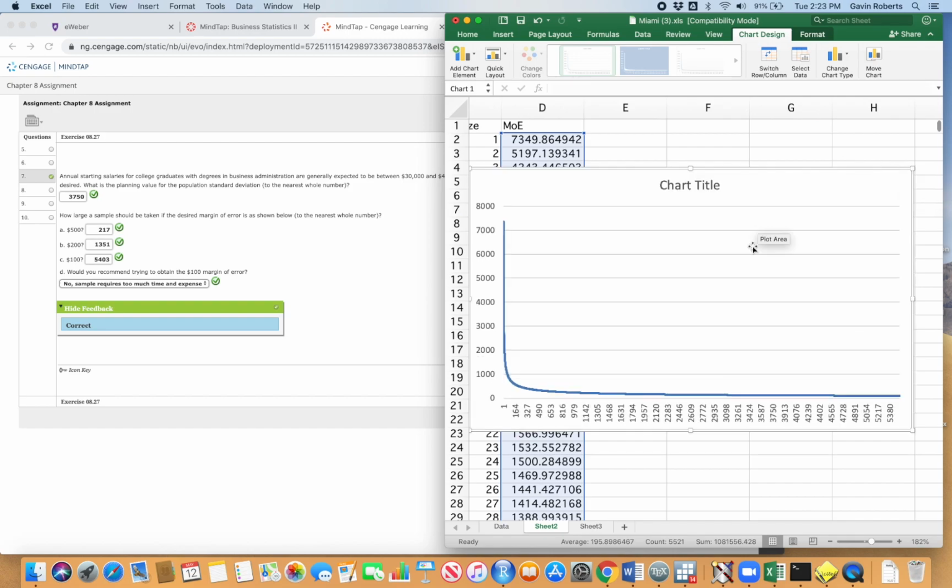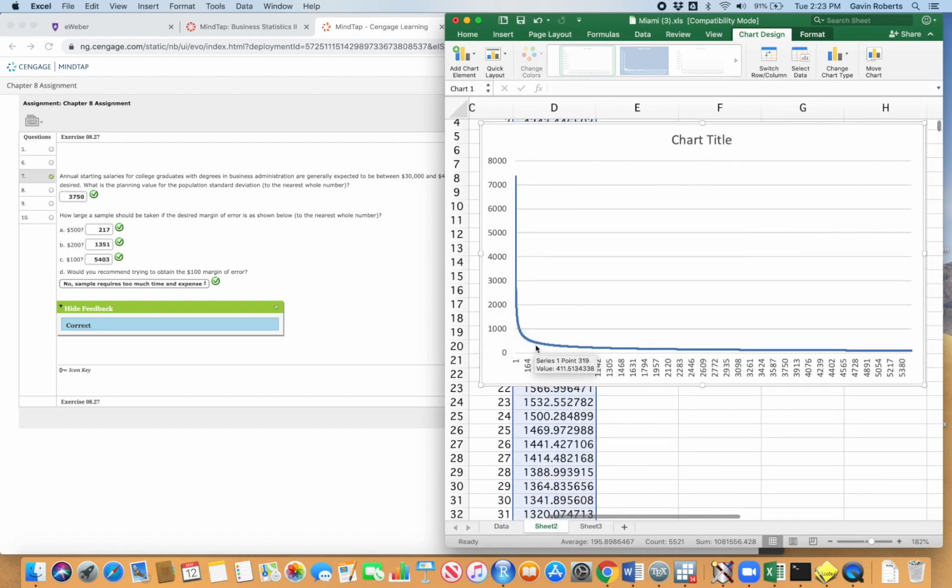Notice the bang for the buck you get on your margin of error. We like small margins of error. We had a really big margin of error when we had a sample size of like 1. But as we added to our sample, it crashed. It got way smaller.